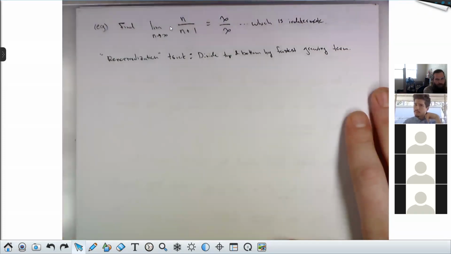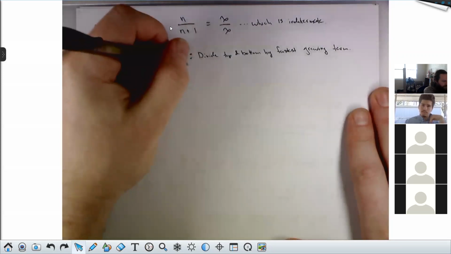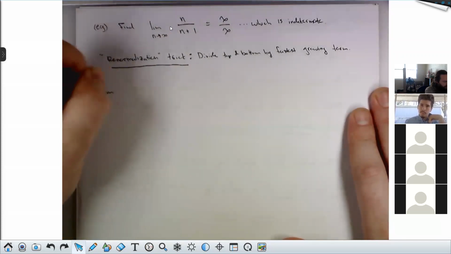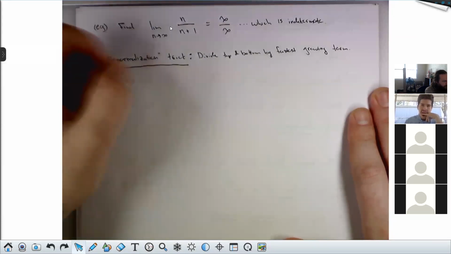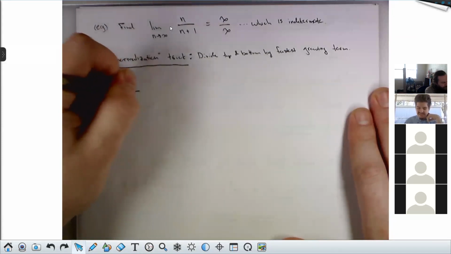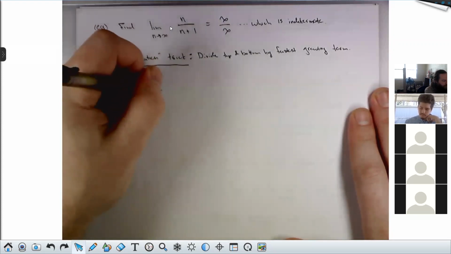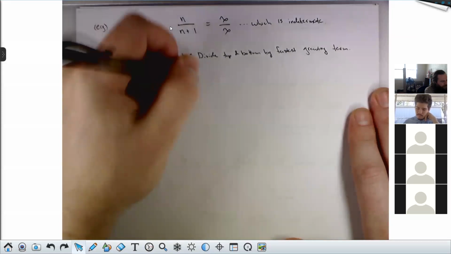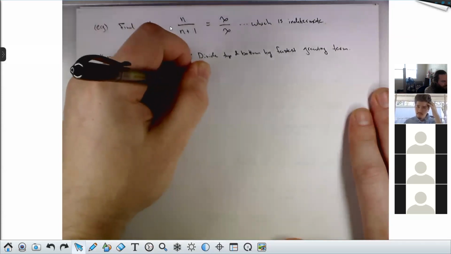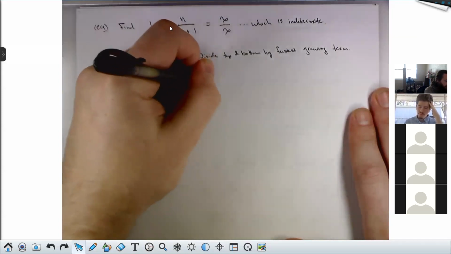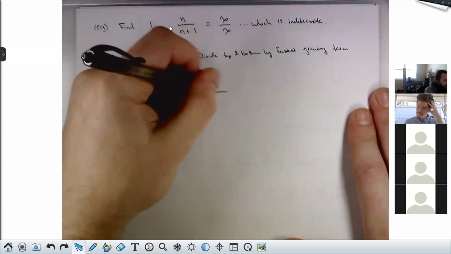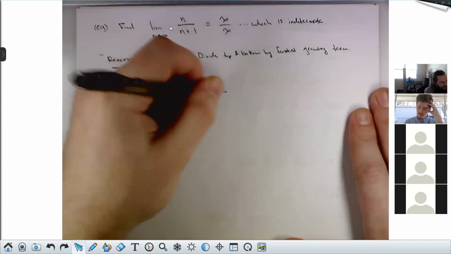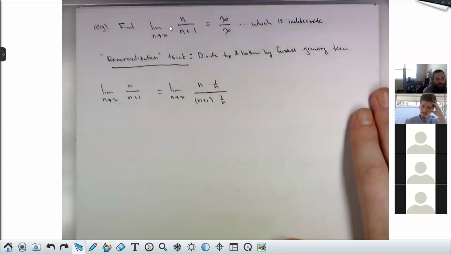The fastest growing term here is just n. So the clever way to handle this is to divide top and bottom by n. So I have lim n to infinity, n over n plus 1 is equal to lim n to infinity, n times 1 over n divided by n plus 1 times 1 over n. I'm going to divide top and bottom by n.